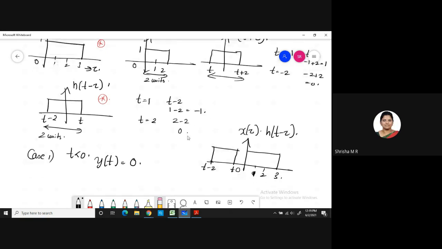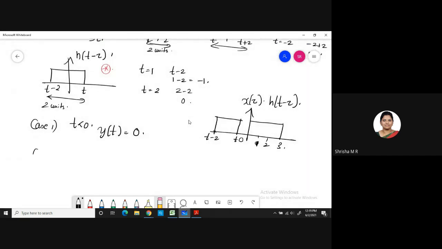So take the next case, case 2. Here t is between 0 and 2, so 0 less than or equal to t less than or equal to 2. So this is our x of tau and we have 1, 2 and 3. Let t be between 0 and 2, suppose between 1 and 2.